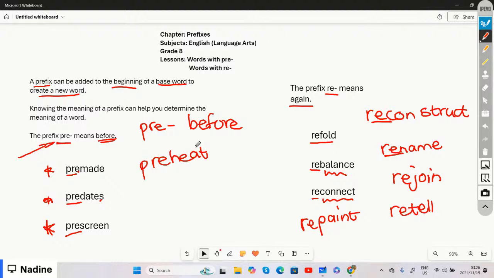If they're telling you to preheat the oven while you are busy preparing your things to bake, then you need to switch on the oven. You need to heat the oven before the time. That is what it means to preheat something.